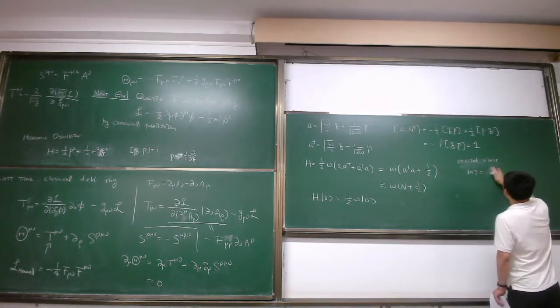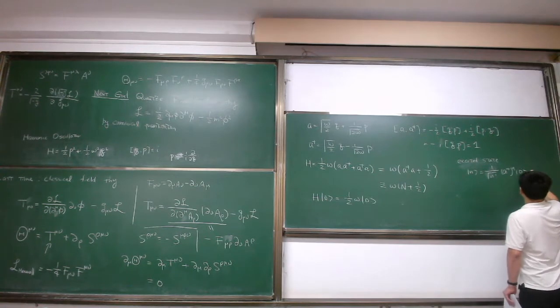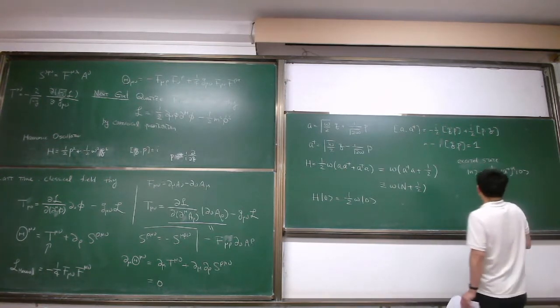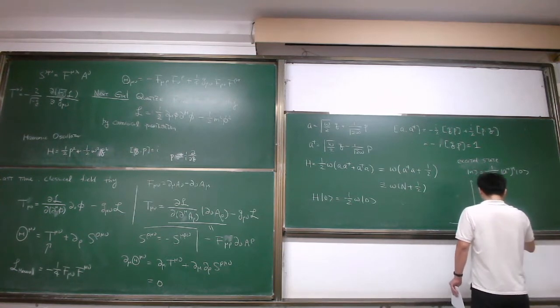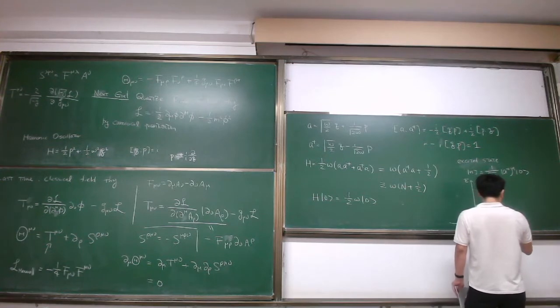If you're very careful, you need to add this kind of term. This A dagger is a creation operator, and if you apply it n times, you get the n-th excited state. So this is energy, and this is Q.